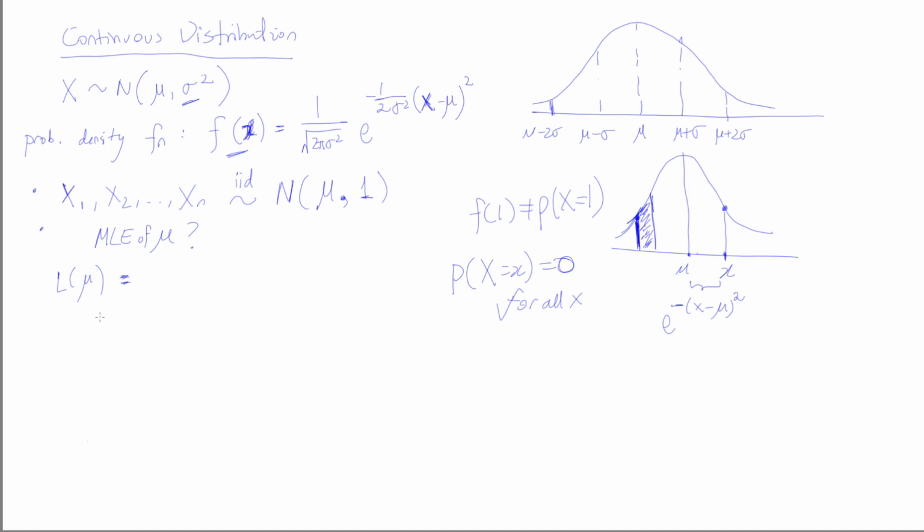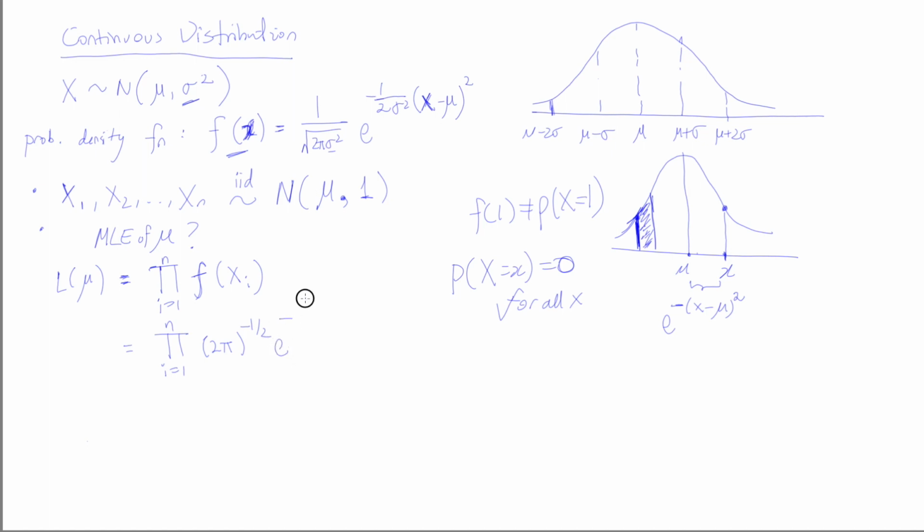What I'm saying here is the likelihood of mu is the joint density, and we talked about independence already, so I'm going to skip a step and just write this. This is the density of each xi, and we're going to multiply them all together. Let's write out the actual functional form. Let me just use this notation, 2 pi to the negative 1 over 2. So sigma squared is 1, so we get rid of the sigma squared there.